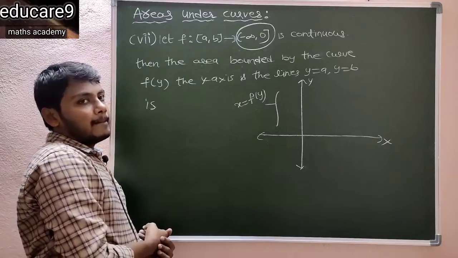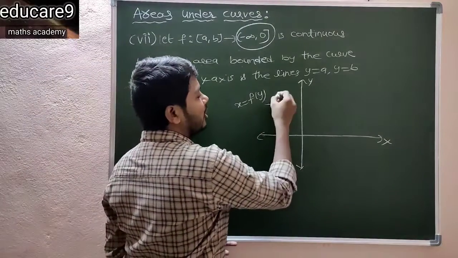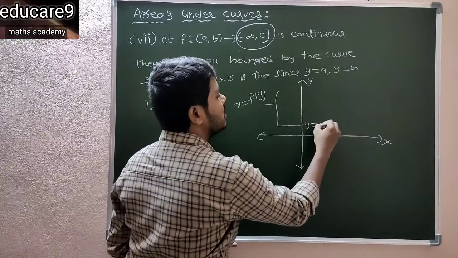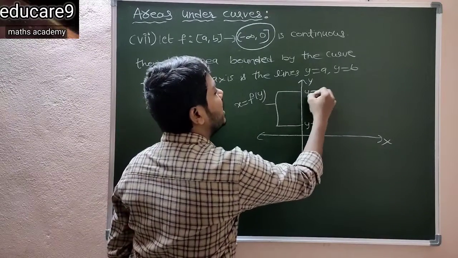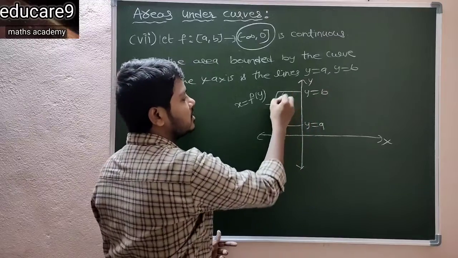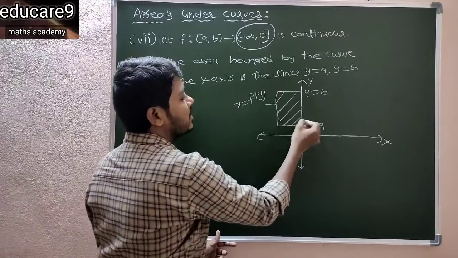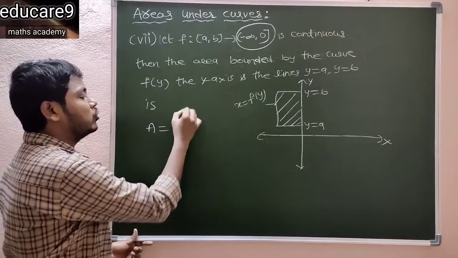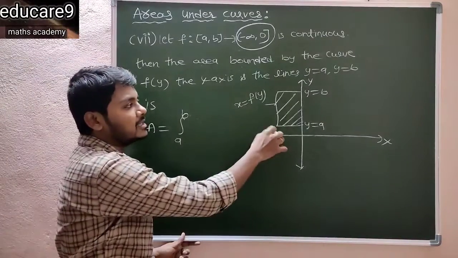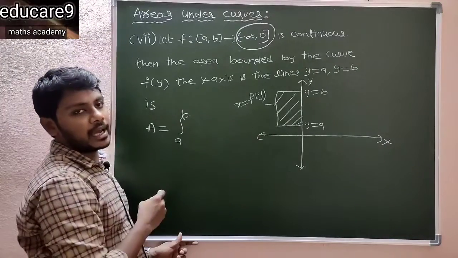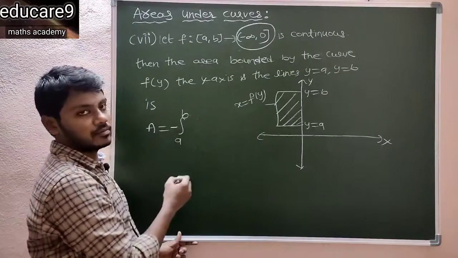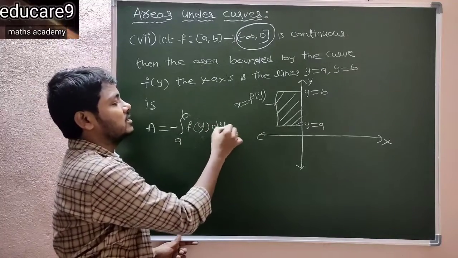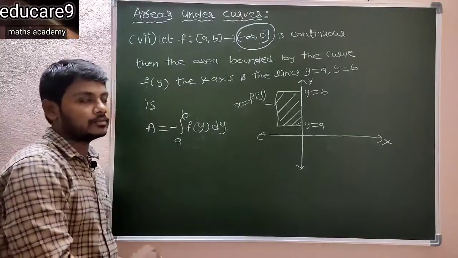Then the area bounded by the curve f of y and the lines y is equal to a, y is equal to b, y axis. So this area. Clearly that area is integral a to b. See here the graph lies to the left of y axis, so clearly negative, and write f of y dy. So this is the required area.